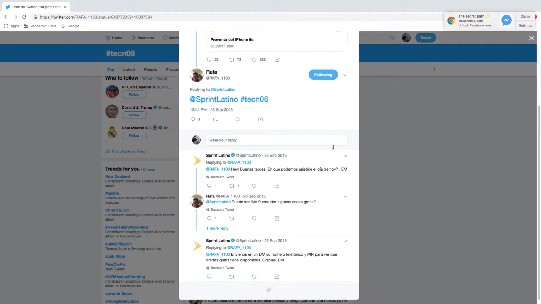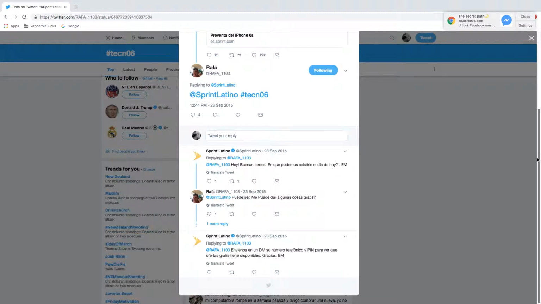And when he tweeted the ad, he received a tweet reply from a Sprint sales agent who was asking him if there was any way she could help him today. And he said, maybe so, do you have anything that's free? So in this conversation, he is having an authentic, real conversation with a sales representative from Sprint Latino in Spanish.